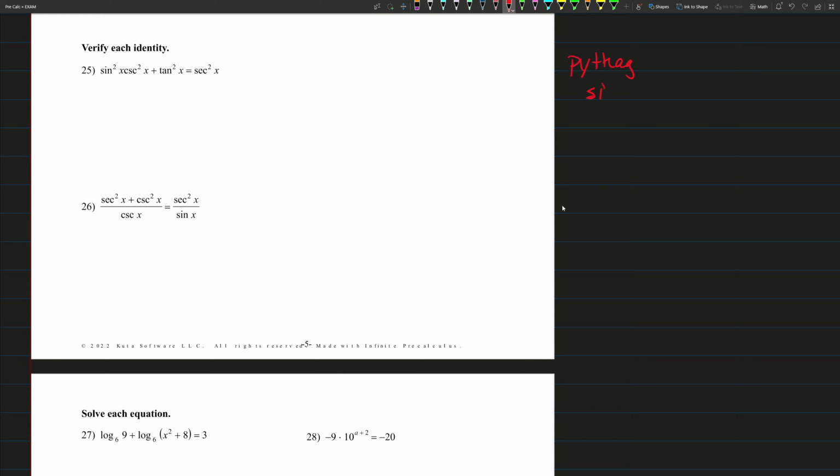So we know that sine squared of our angle theta plus cosine squared, that's always going to be equal to 1. If we divide both sides by sine squared, we get 1 plus cotangent squared of theta is equal to cosecant squared.